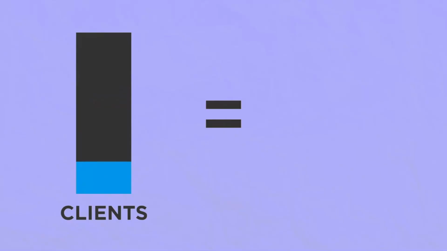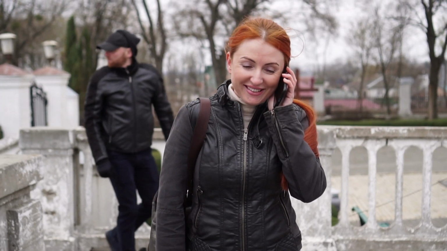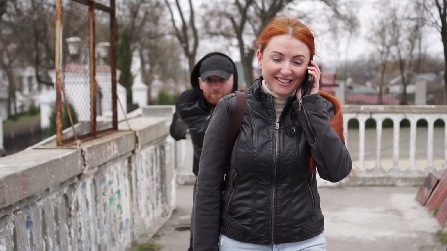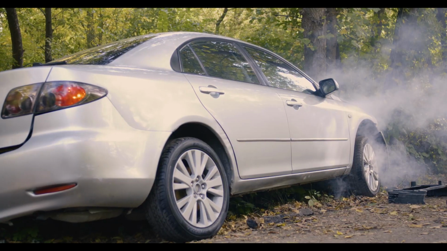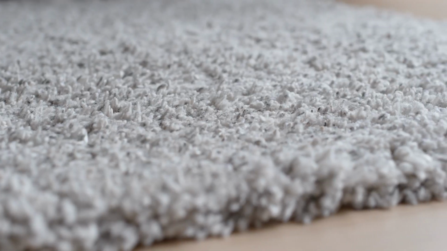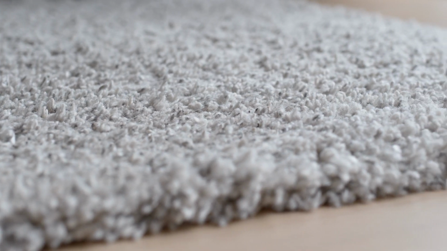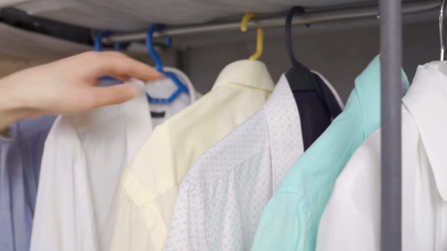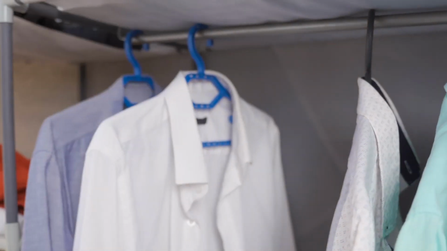So do 20% of customers. In society, 20% of criminals account for 80% of the value of all crime. 20% of motorists cause 80% of accidents. In the home, 20% of your carpets are likely to get 80% of the wear. 20% of your clothes will be worn 80% of the time, and so on and so forth.